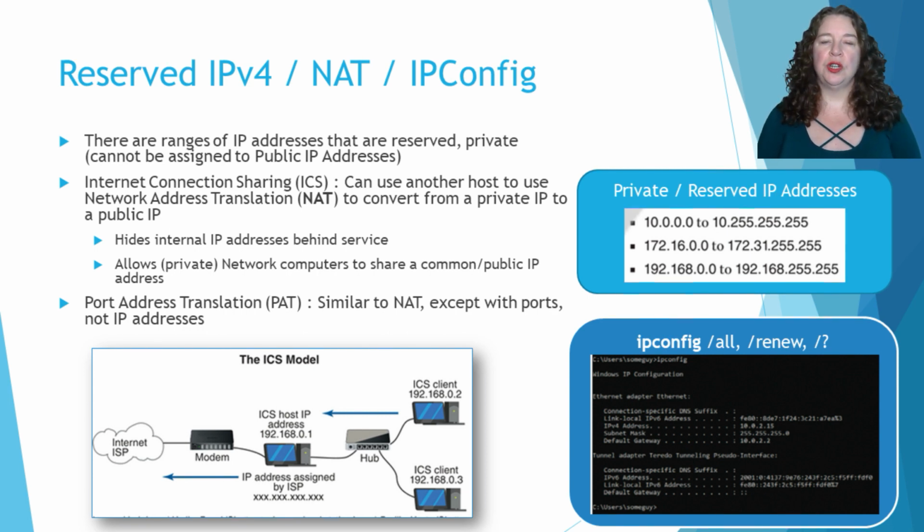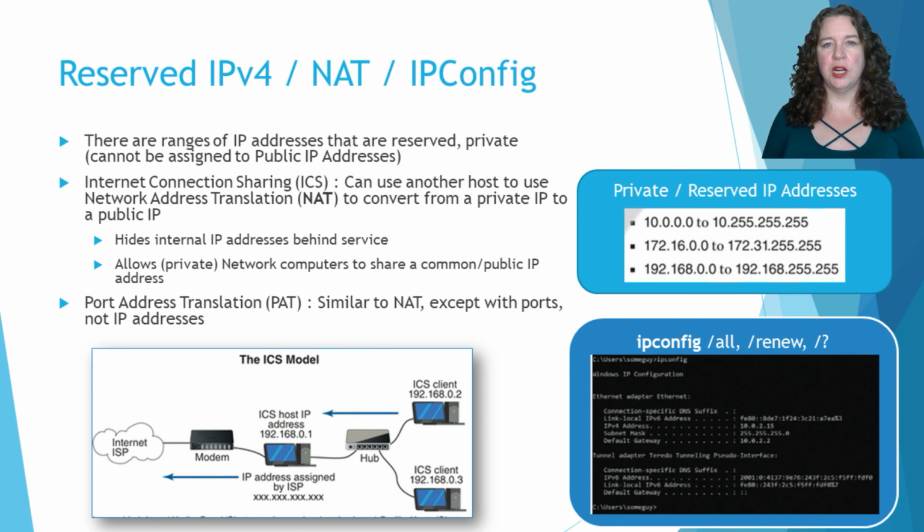Because these are reserved, if you ever type in 192.168 and anything in the other 2 values between 0 and 255, you will probably not get an outside network. You will get something internal, or you'll get nothing. Because they're reserved. We can't make them public. They will never be a public IP address. So they're used internally. Obviously, we have more than the count that I gave you of networks going on in the world.